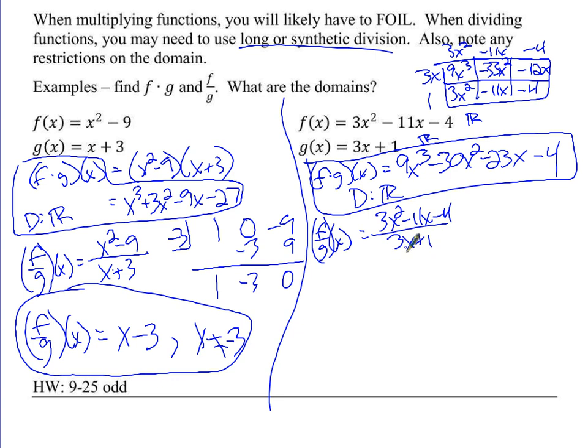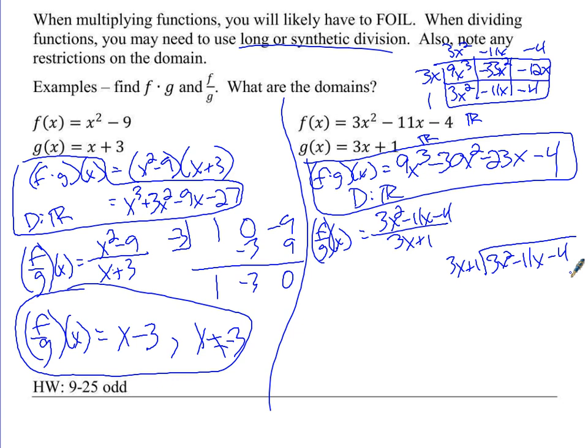All of the synthetic division problems that we have practiced did not have a number in front of that x. When a number's in front of that x, things change. So if I stick with long division on this one, I won't make that mistake that you probably made when you did synthetic division here. So set this up. It's 3x plus 1 divided into 3x squared minus 11x minus 4.